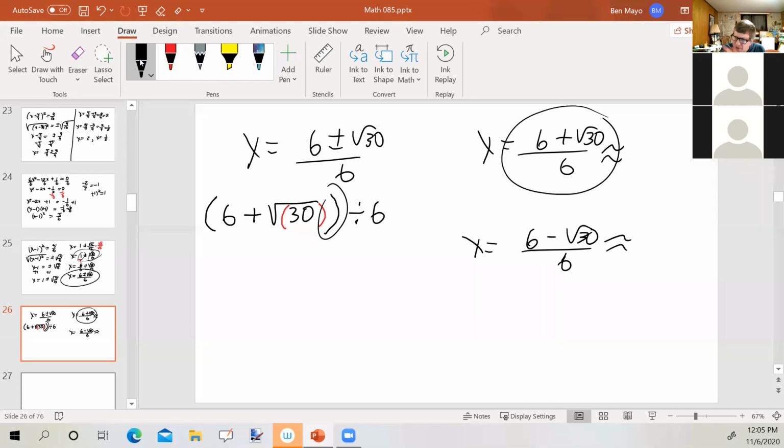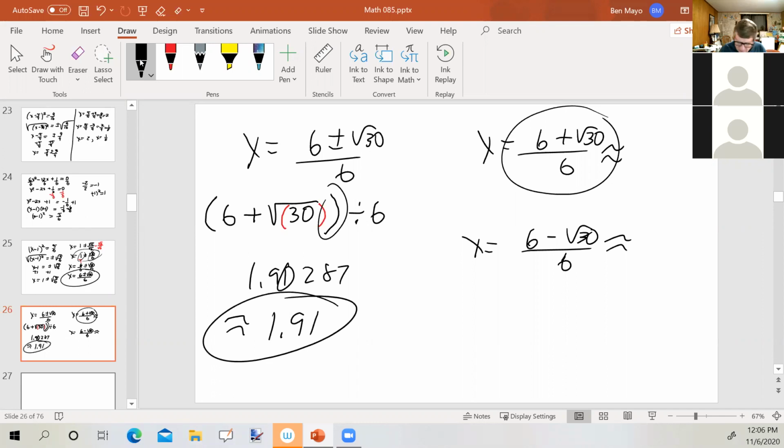My calculator puts in that left-hand parenthesis, so now I'm going to close up the radical with the right-hand parenthesis, close up the entire numerator with another right-hand parenthesis, divided by 6, and I get 1.91287, etc. So 1.91 to the nearest hundredth is what I would be getting. If any of you have a calculator and you're doing that now and you're having issues, let me know and we'll talk about it.